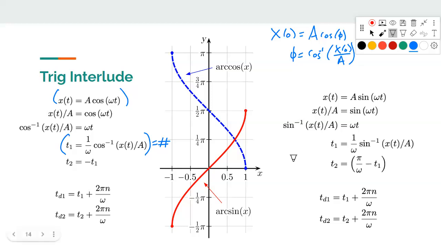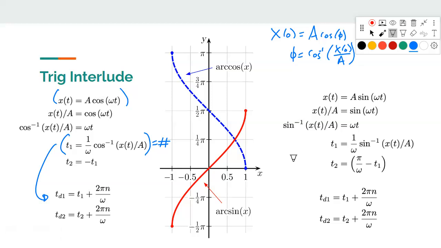You can immediately come down here and write that whatever time your calculator tells you plus 2 pi n over omega. All of that takes account for the periodicity of the function. So you'll have the first time it's at that position moving, let's say, to the right, and then if you add 2 pi over omega, that'll give you the second time that it's at that position moving to the right.